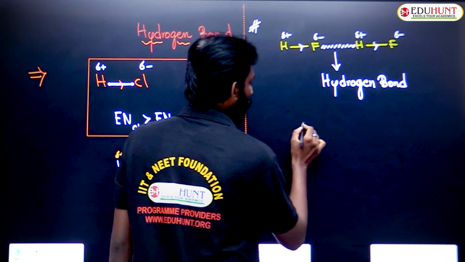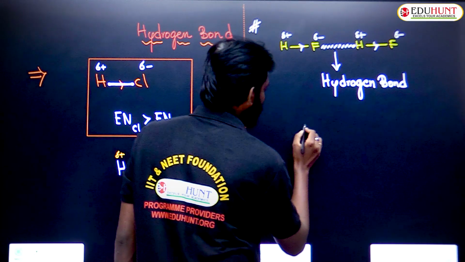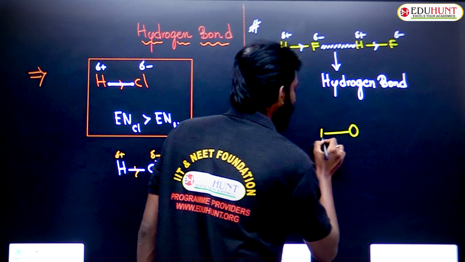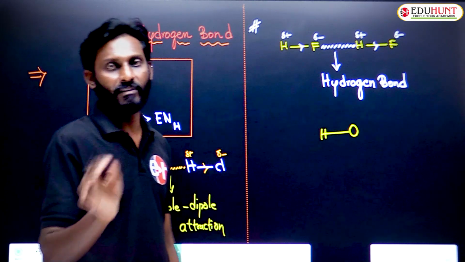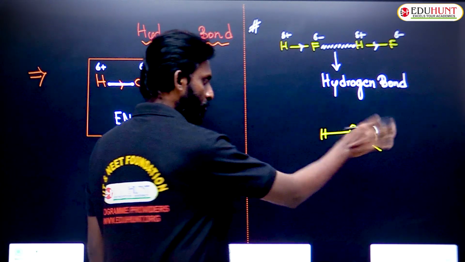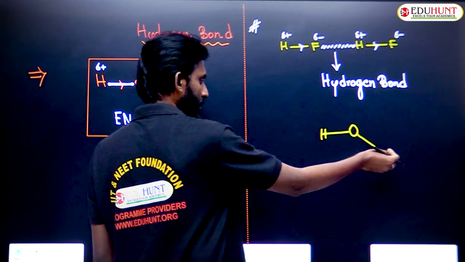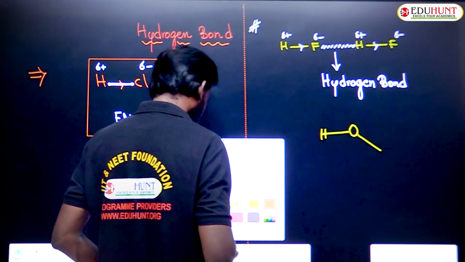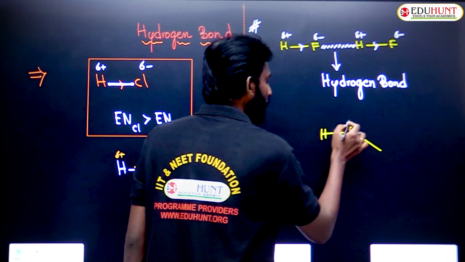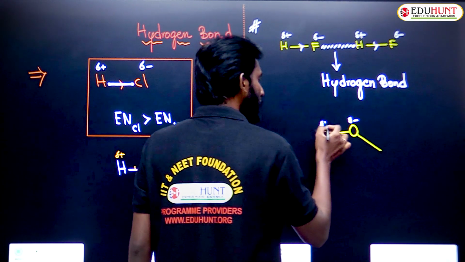See, let's take a water molecule, or take an oxygen atom and hydrogen. I hope you know oxygen is divalent. There can be another bond. Fine, leave that bond. Whatever atom may be connected there. I am taking hydrogen. So compared to hydrogen, oxygen is more electronegative. You can mark partial minus, partial plus.